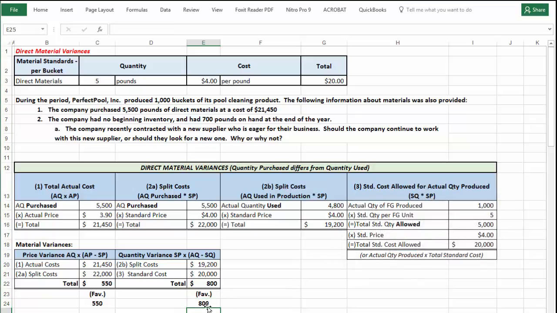And that is validation that our variance is $800 in fact.